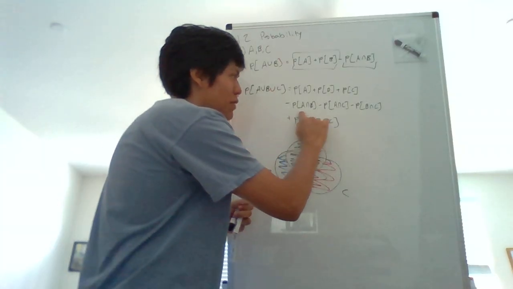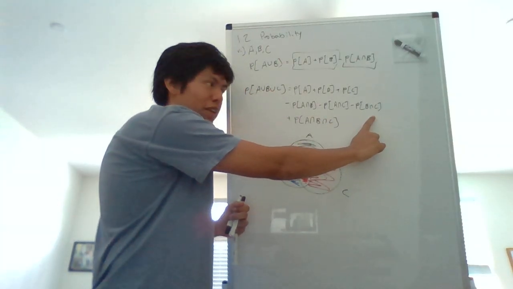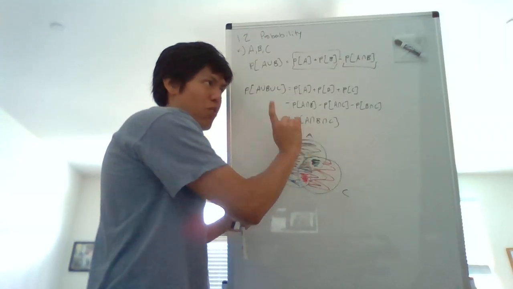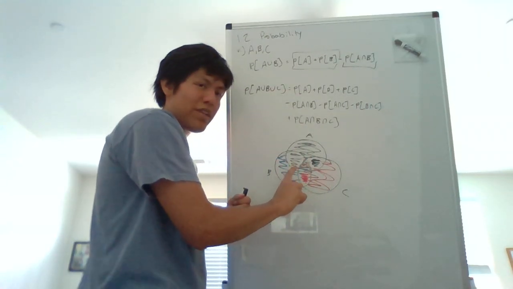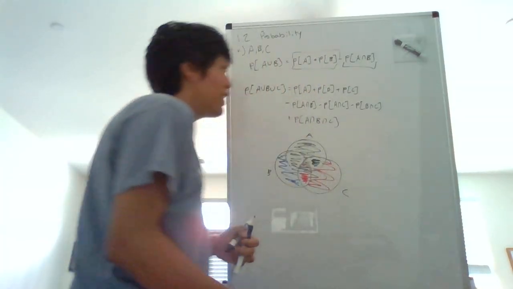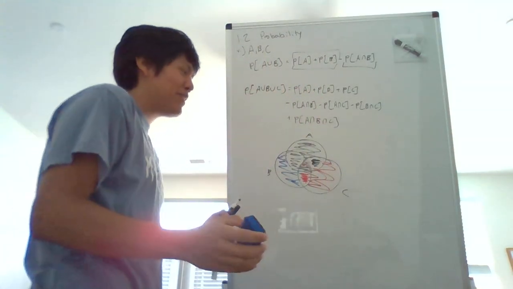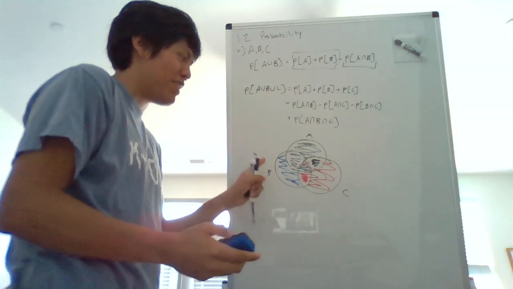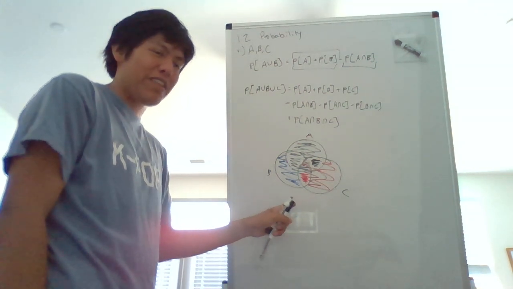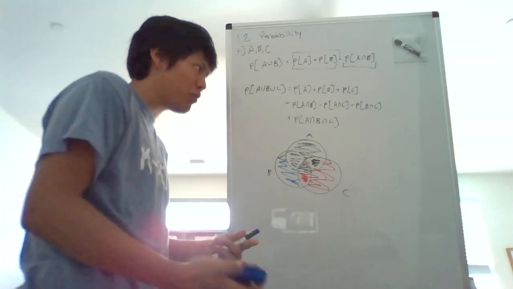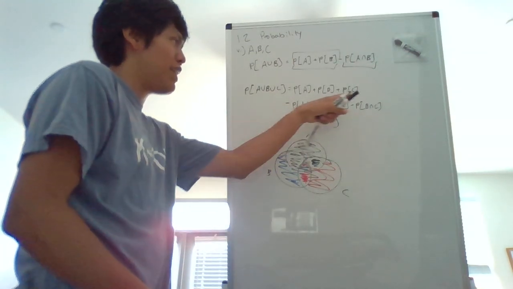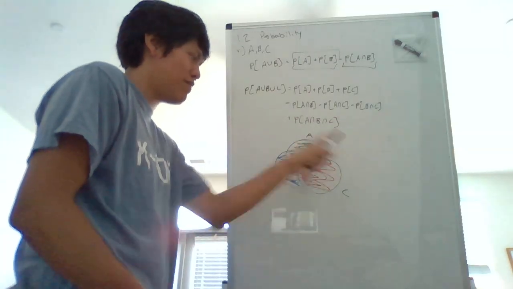So the subtracting prevents us from double counting, and at the end we just add once that middle section where all three intersect. I hope that explained it well. It definitely helps a lot to visualize it like this with Venn diagrams, which is what the textbook does. So that's just this entire equation drawn right here.